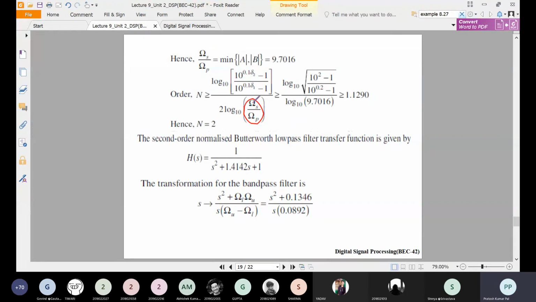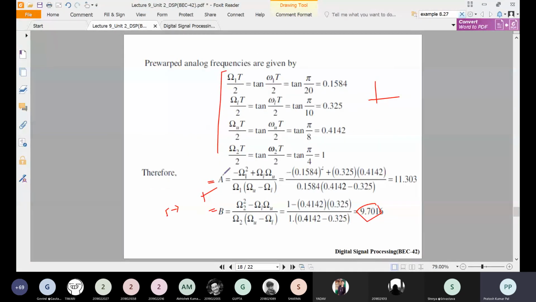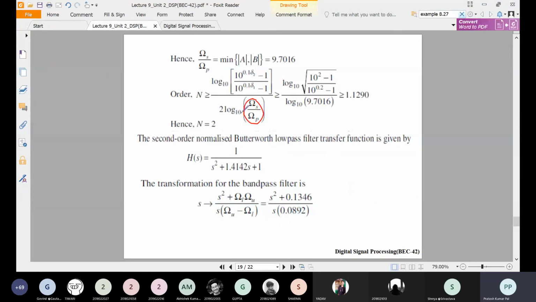If this is the minimum value, then the n value will be maximum. The maximum n value will then satisfy both the a value and the b value. That's why we consider the minimum value of a and b to be the ratio of stop band and pass band frequency.